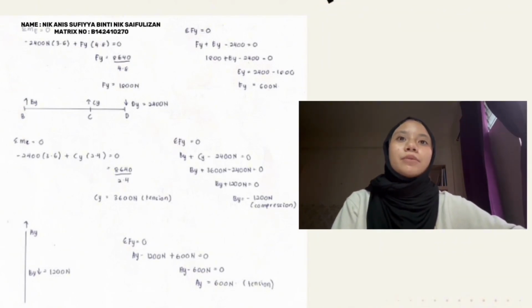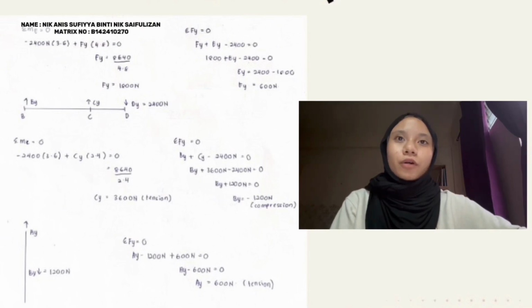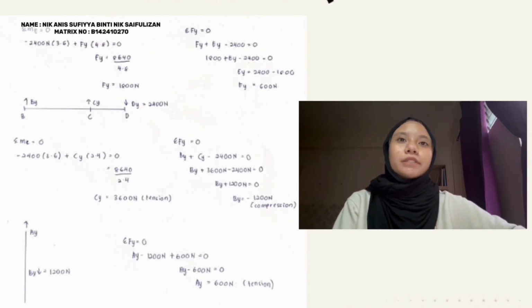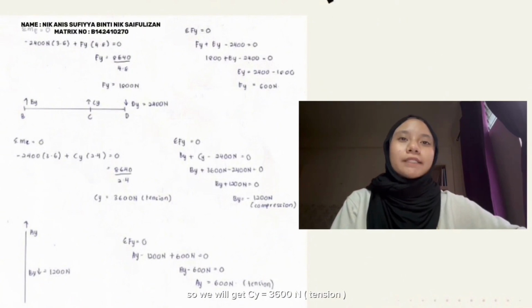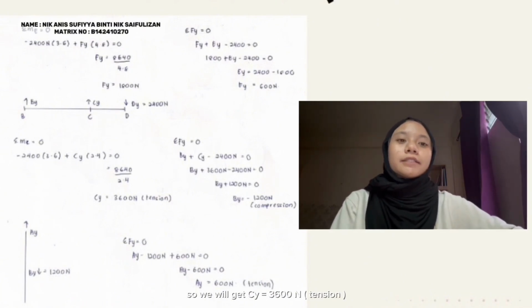This time we count the moment from point B to get C. So it will be negative 2,400 times 3.6 meters plus Cy times 2.4 meters equal to 0. So we get Cy equal to 3,600 Newton, and it is a tension.